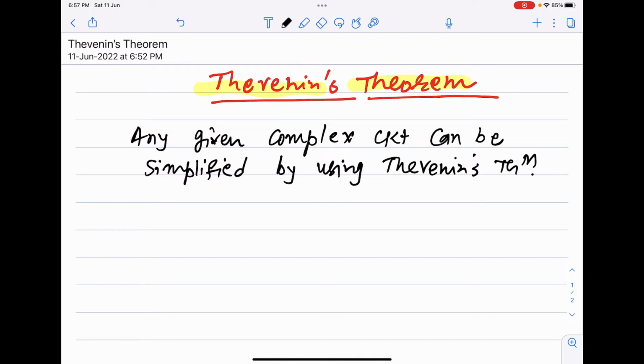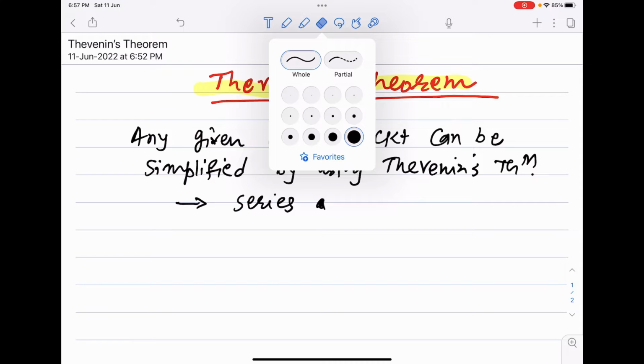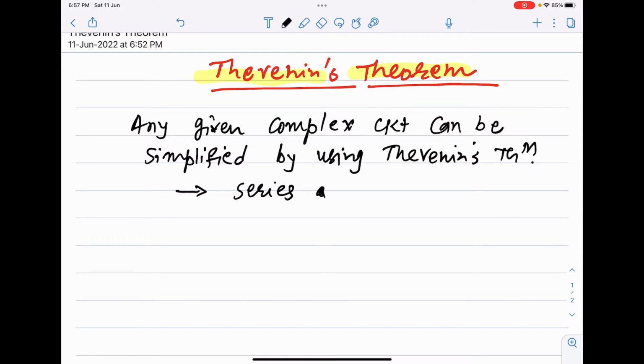So whenever we have been provided with a complex circuit, this circuit will be converted into a series voltage source and a series resistance.